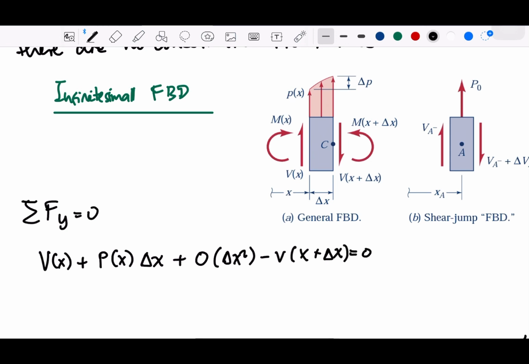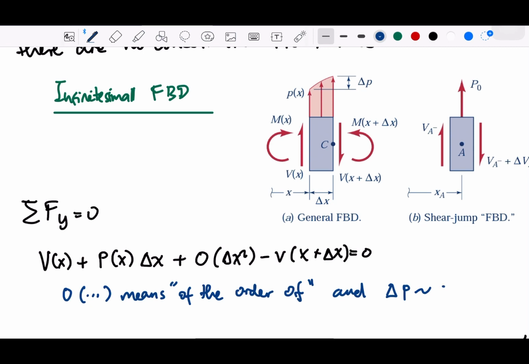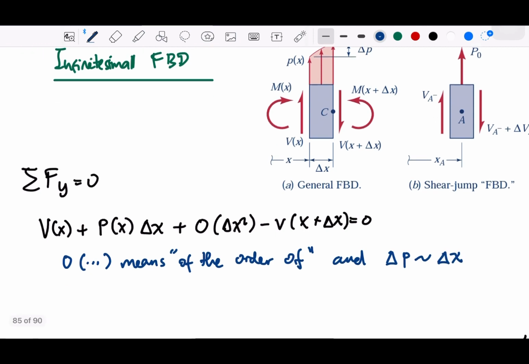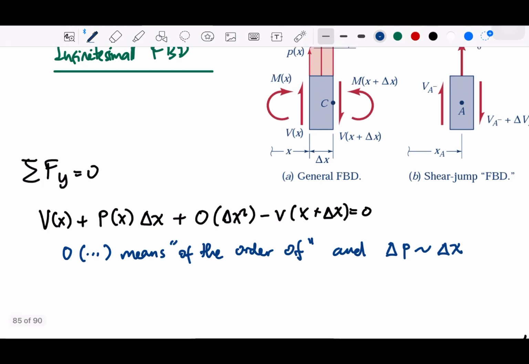So O means of the order of, and suppose that the delta P is equal to this delta x.